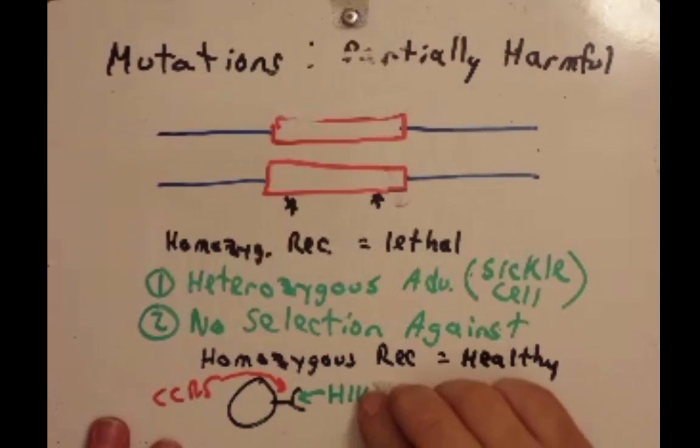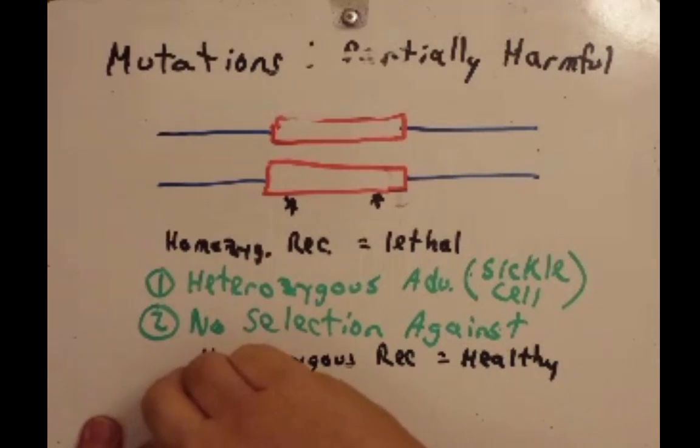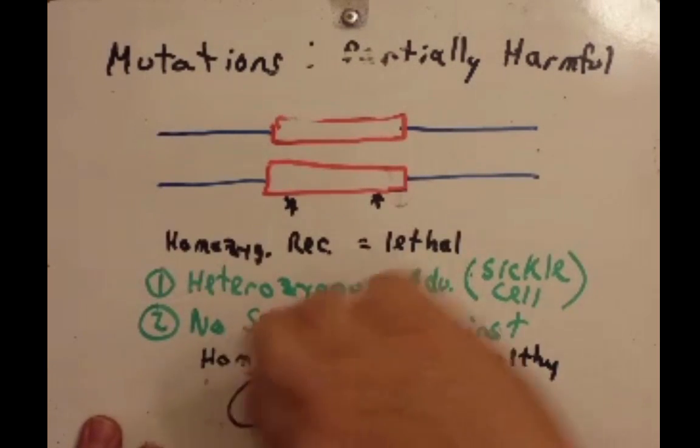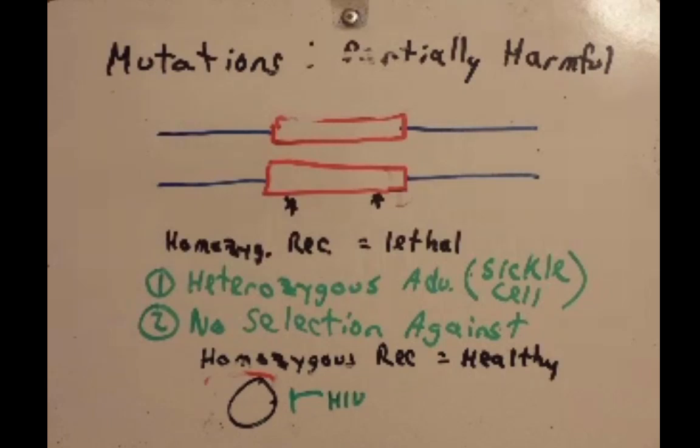We know if an individual does not have this CCR5 gene, and so not the protein either, that HIV can't get into the cell. People who are homozygous recessive for this mutation of the CCR5 gene are immune to HIV.